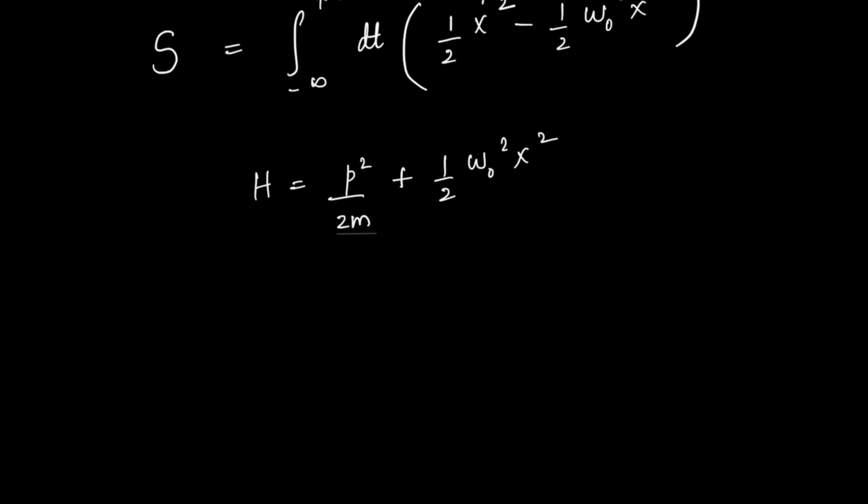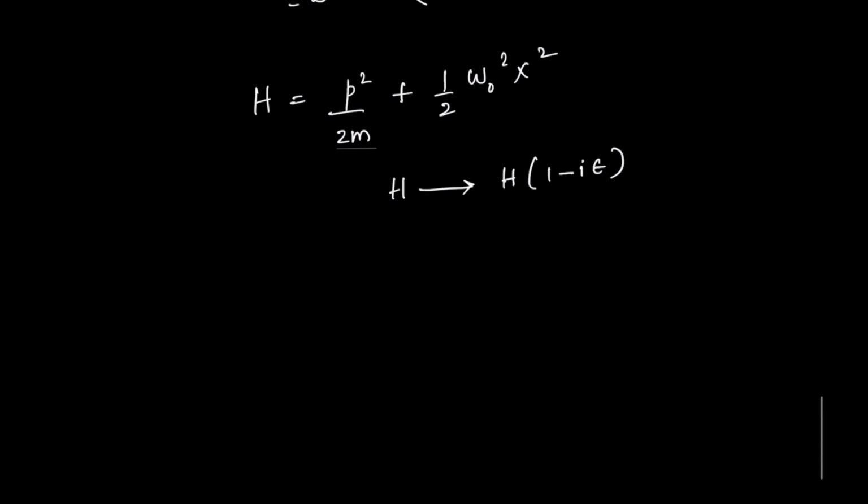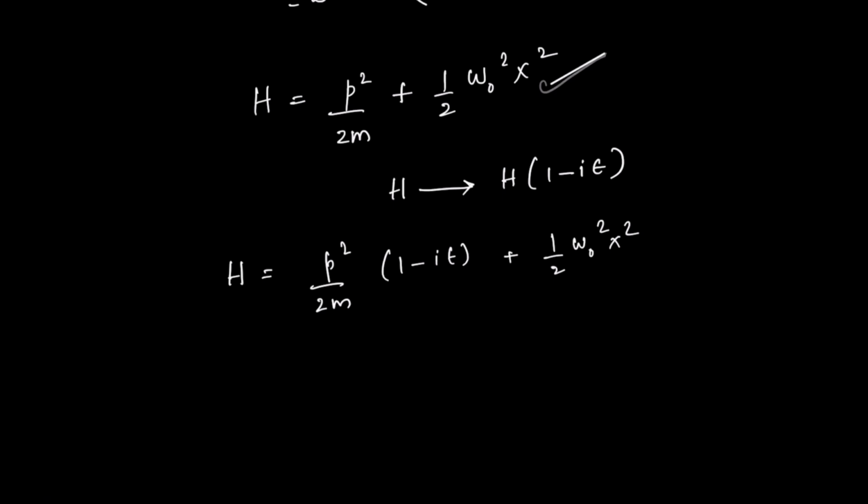Now here I am going to do the same trick that I did yesterday, so that the Hamiltonian can be changed by 1 minus i epsilon. So H is equal to p square by 2m multiplied by 1 minus i epsilon, plus half omega square x square as it is, multiplied by 1 minus i epsilon.